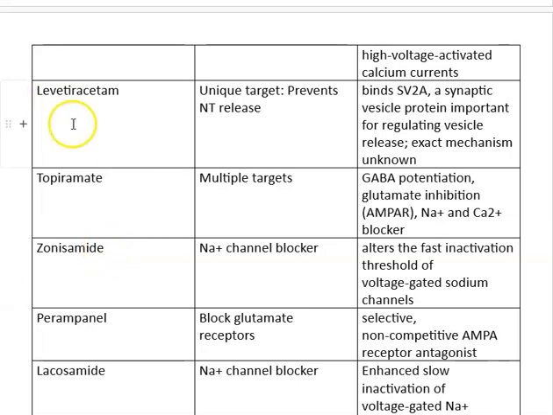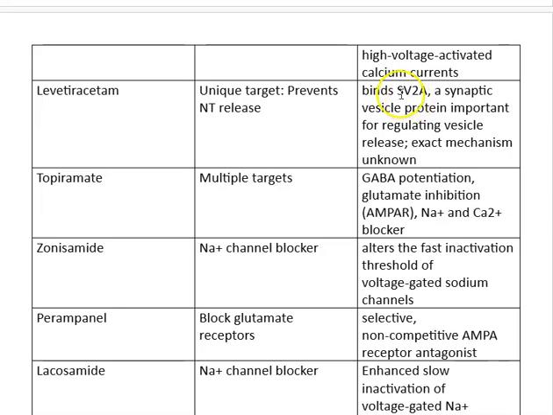And we had mentioned that levetiracetam is going to have a unique target that we hadn't talked about. It's going to prevent neurotransmitter release, and it does that by binding to a specific synaptic vesicle protein that regulates vesicle release.